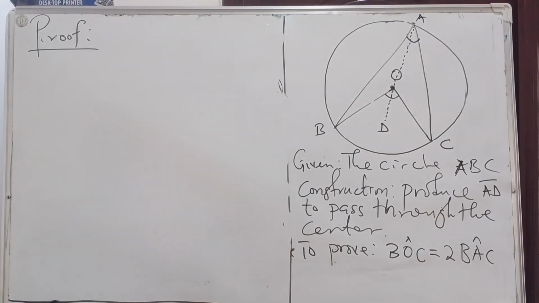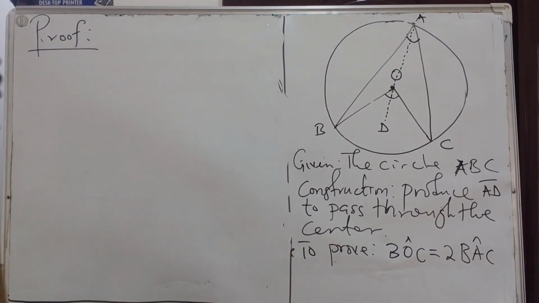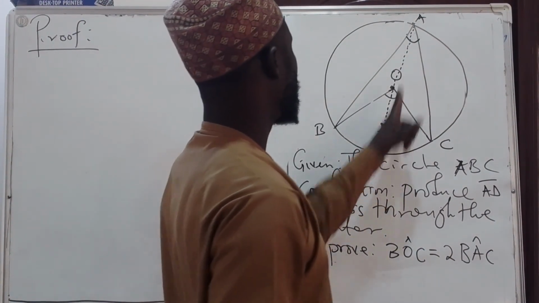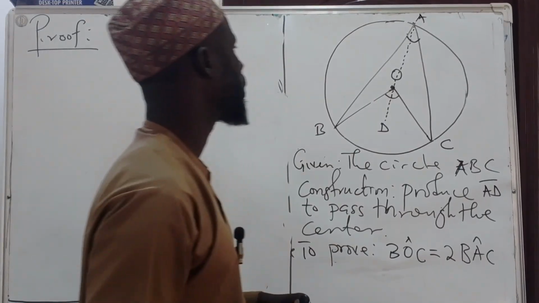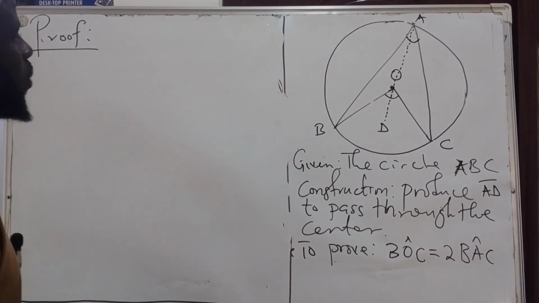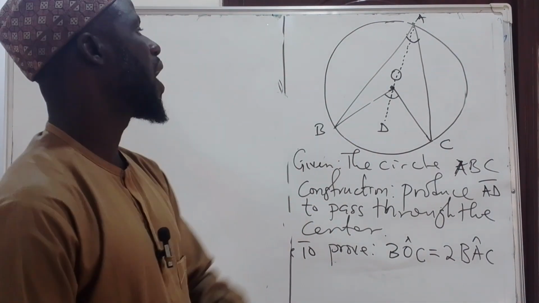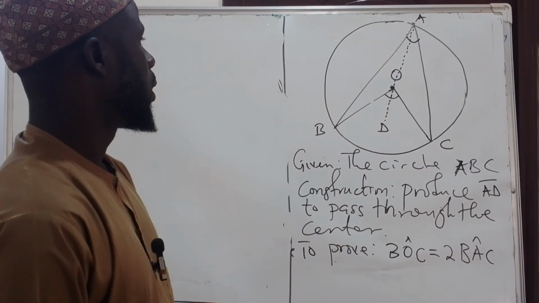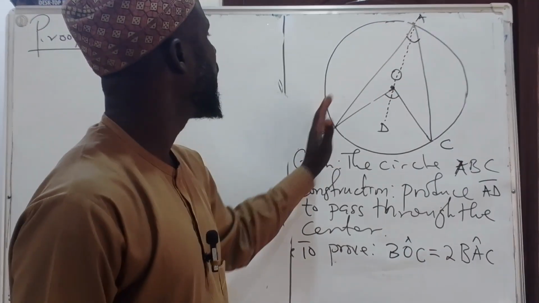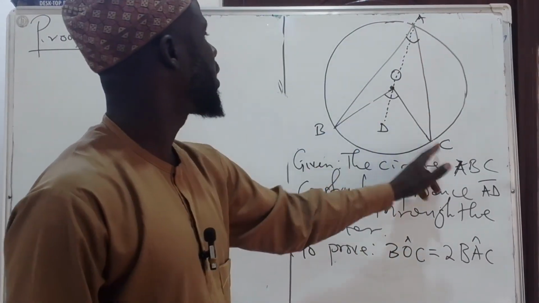So the proof goes like this. Now we have produced this line up to D. So you see that we have two triangles, triangle ABO and triangle ACO.